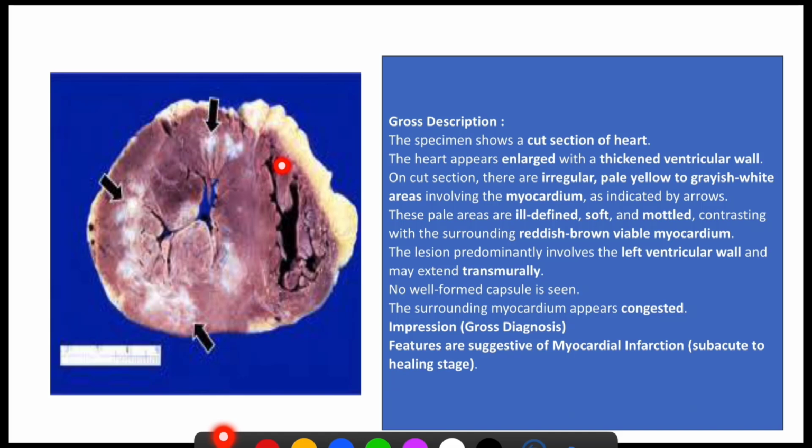So this is the right ventricular cavity, left ventricular cavity, whitish area, and another important feature is the thickened or hypertrophied ventricular wall. Wall thickness is increased here and this is the diagnosis of myocardial infarction, but it is the healing stage. So it is called a healed MI specimen.